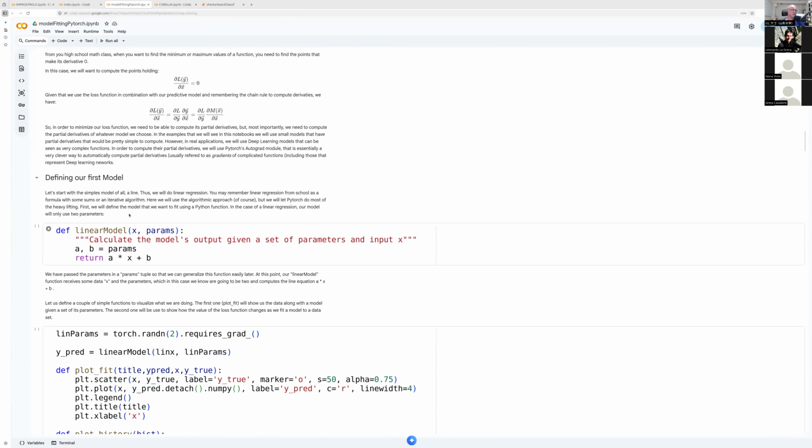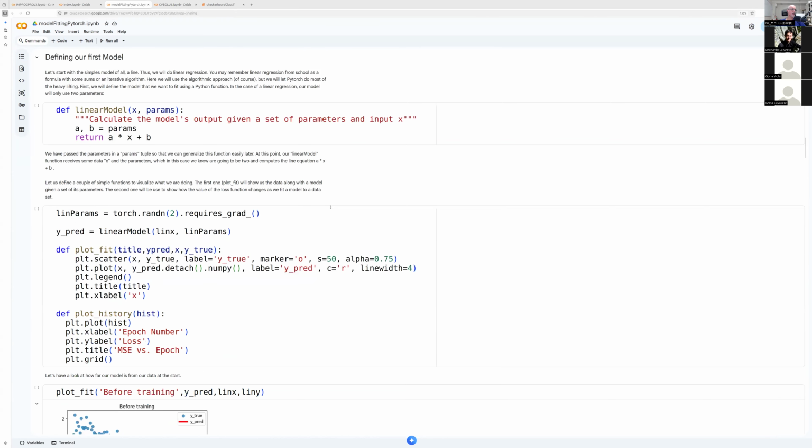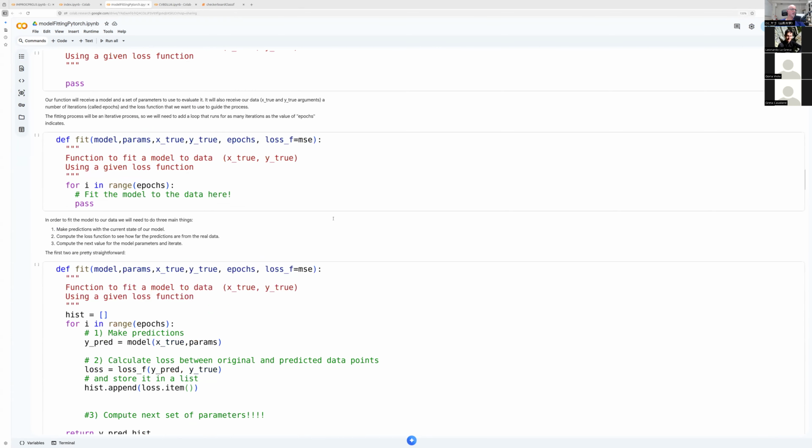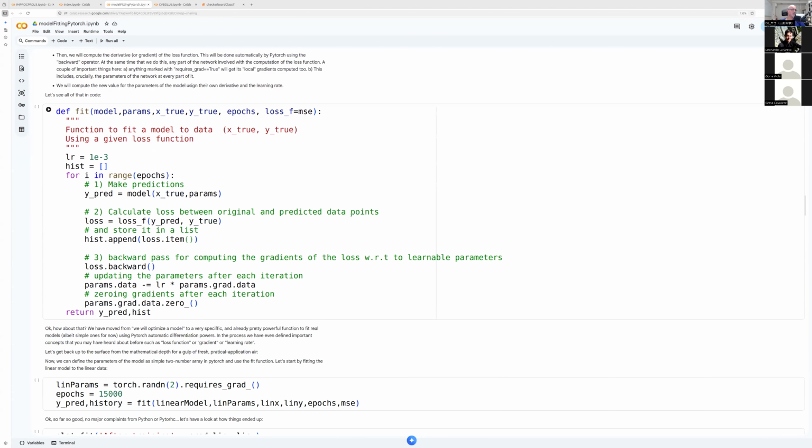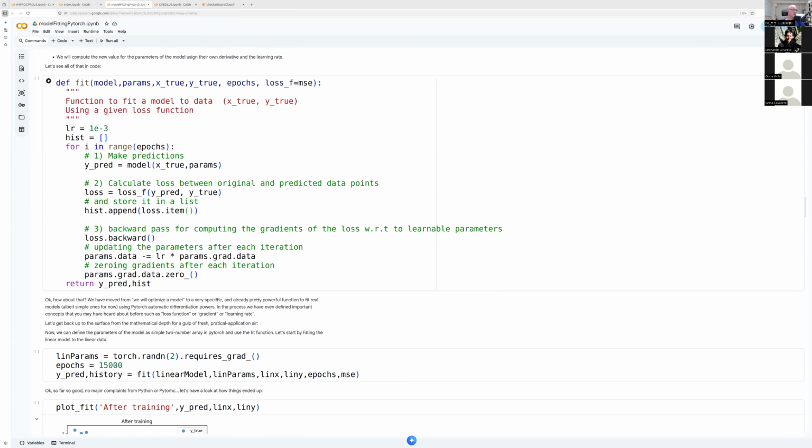For example, here is a definition of a linear model, and then we had defined a fit function by having these three steps. For the whole data, for a number of repetitions given by these epochs parameters, we always make predictions, calculate the loss, and then update the parameters to make new predictions with this loss backwards.